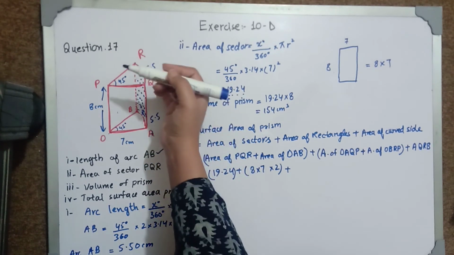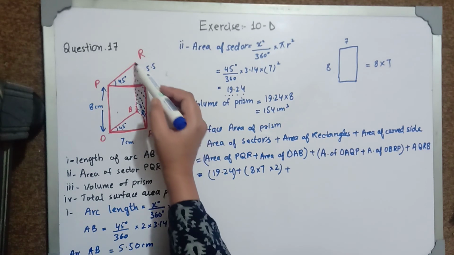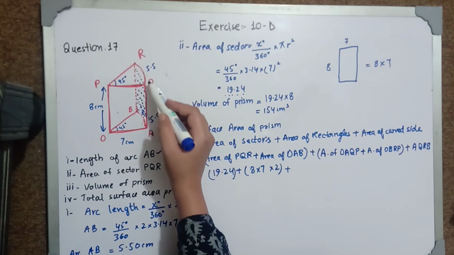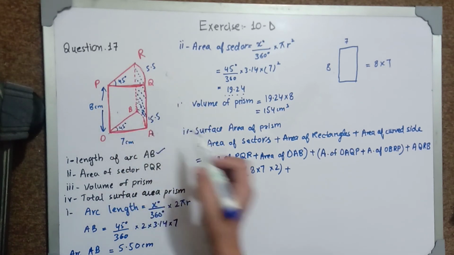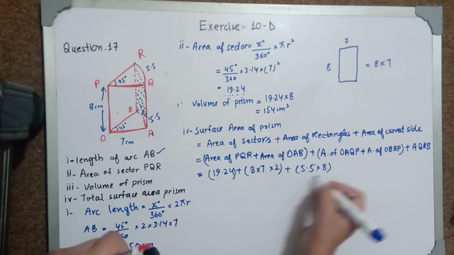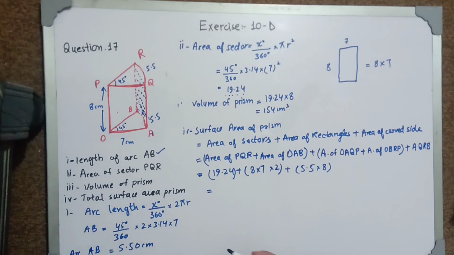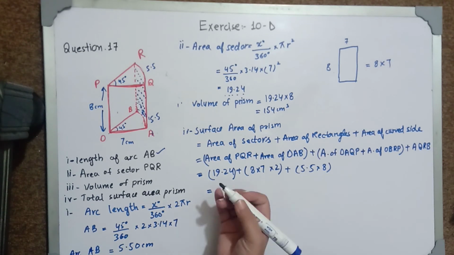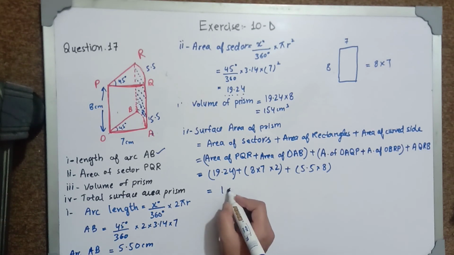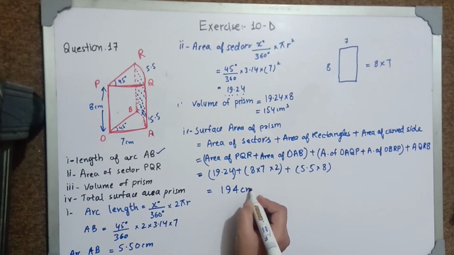So to find the area of this curved side, I'll multiply its width by its height. So I'll multiply 5.5 by 8, right? And now on solving all these terms, you will get your answer. You will get the total surface area of the prism equals to 194 centimeters square. All right, so that's all.